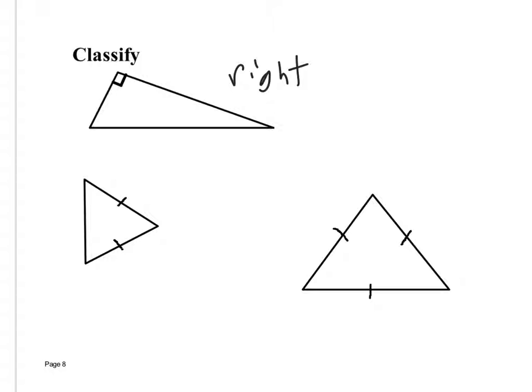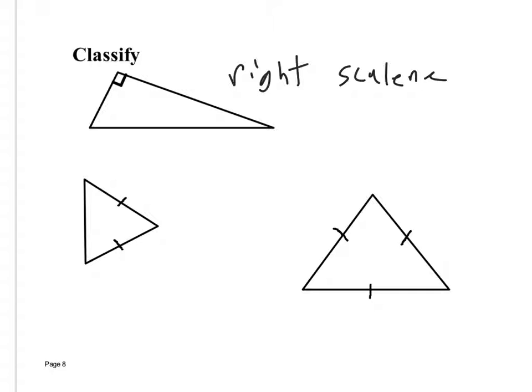No. There's no tick marks telling me that they're equal. Is this side equal to this side? No. Is this side equal to this side? No, right? And it most likely isn't equal to this side. So it's a scalene. It's a right scalene. You don't have to write that. We're trying to save you some time.